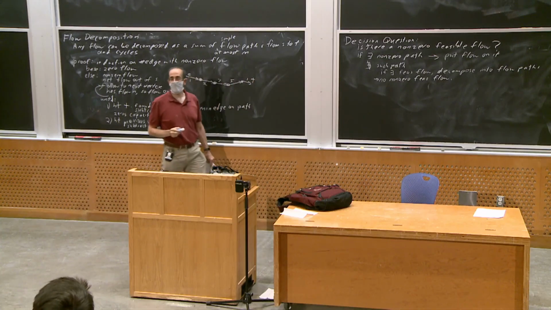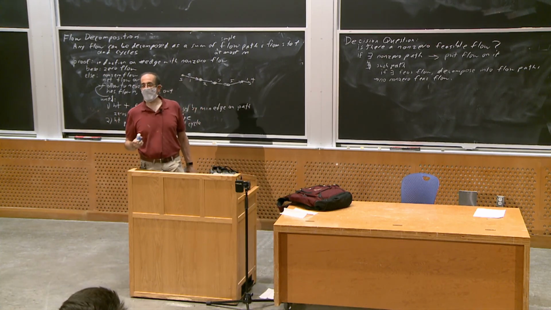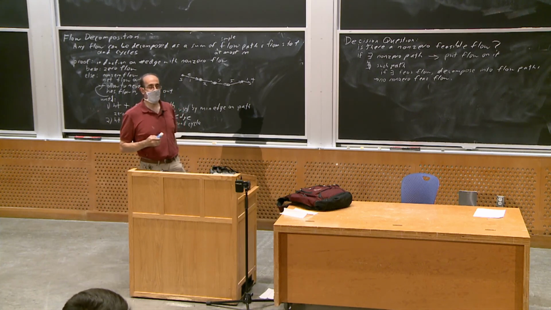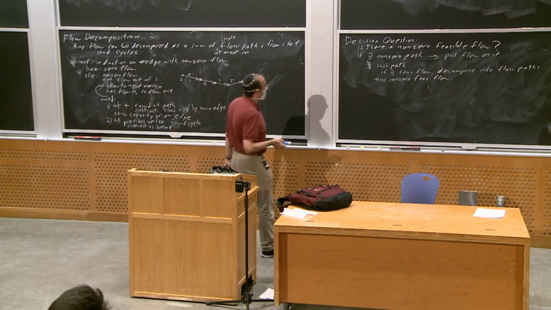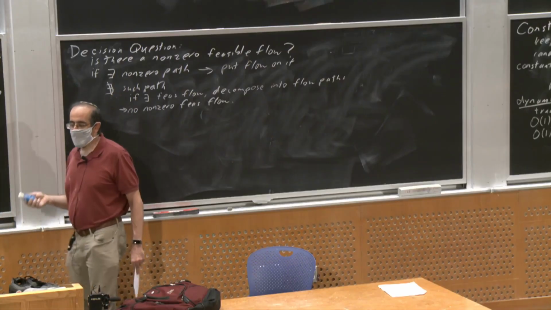So it's an if and only if. There is a non-zero feasible flow if and only if there is a path of positive capacity edges from S to T.